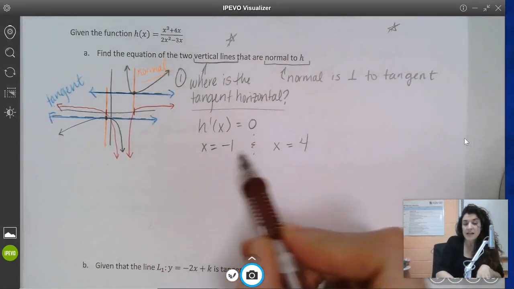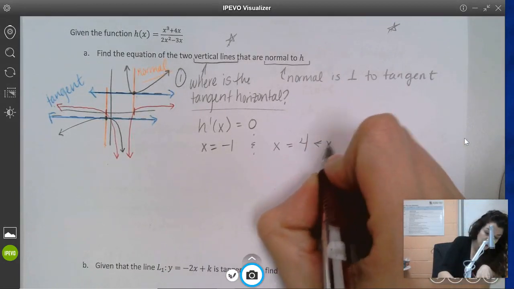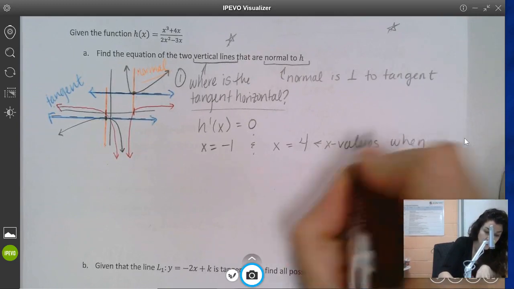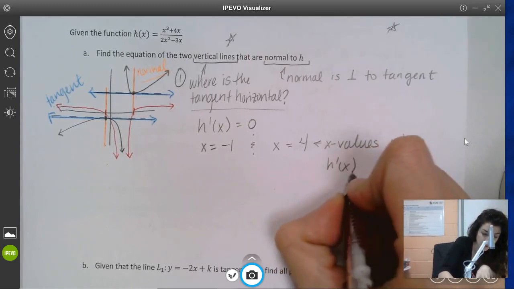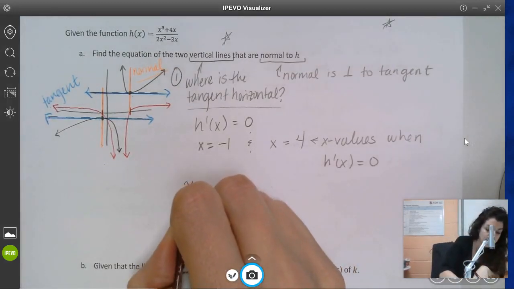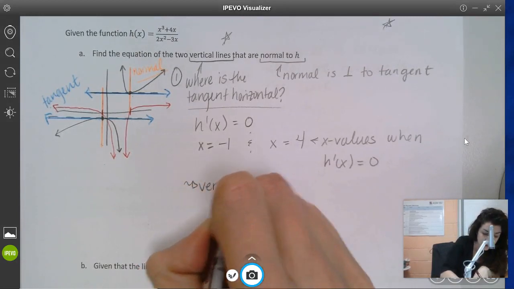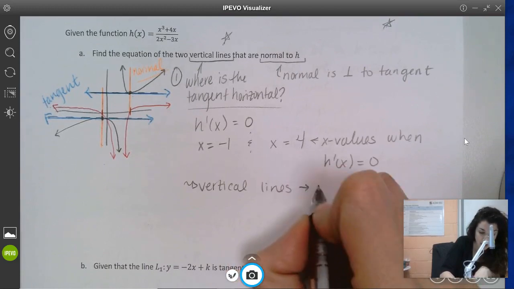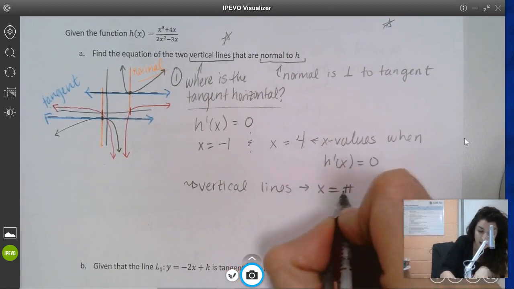So these are the x values when the derivative is equal to 0. They also happen to be the equation of the line, because remember that vertical lines have an equation of x equals a number, right?